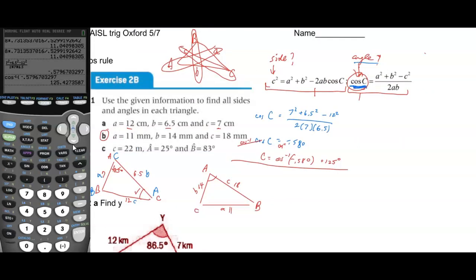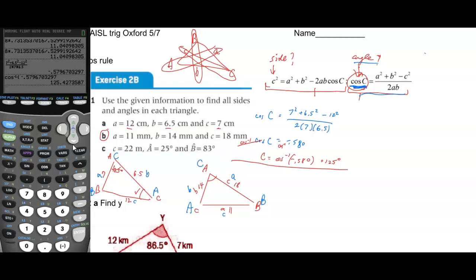Now the left side says cosine C, but our relevant angle is A, not C. So what we're going to have to do is relabel everything so that this is blue C, and then this is blue A, and this can remain B. And by relabeling, that allows us to use the formula as is, right?